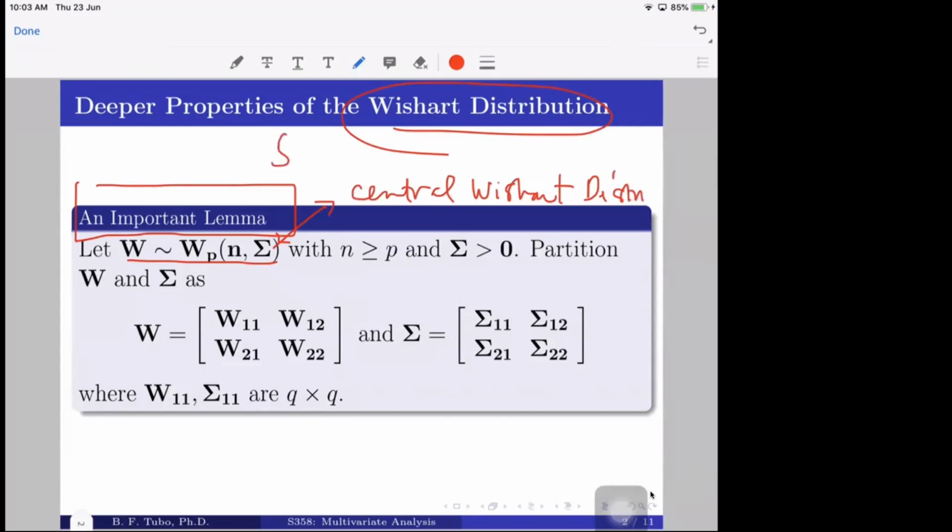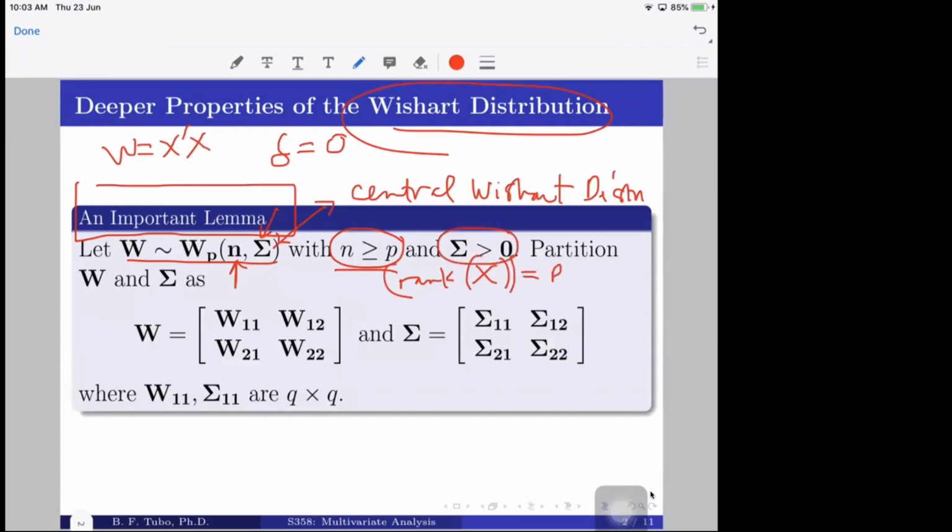So it means that your delta here is equal to 0. It is just a random matrix dependent on the parameter degrees of freedom and just the covariance between the columns. And we assume here that n is greater than or equal to p. So it means that the rank of X, the original X before we have X prime X in your W, is equal to p.